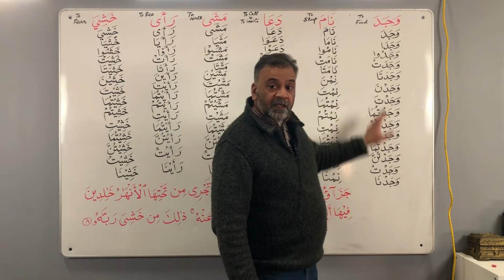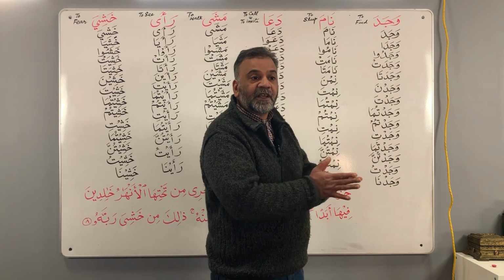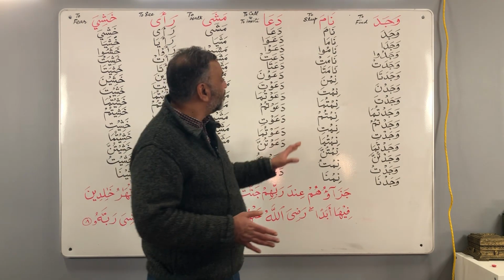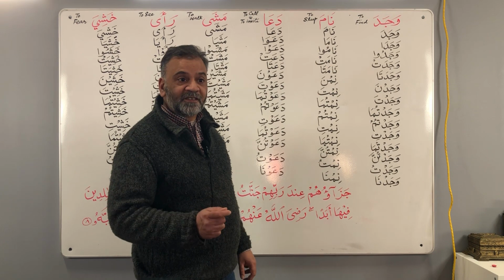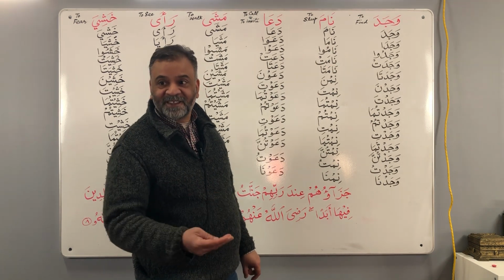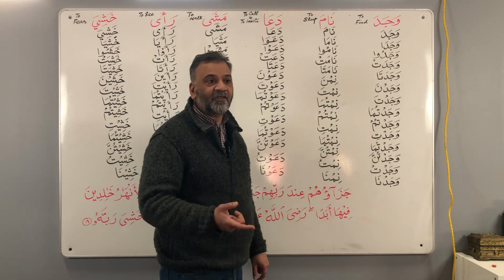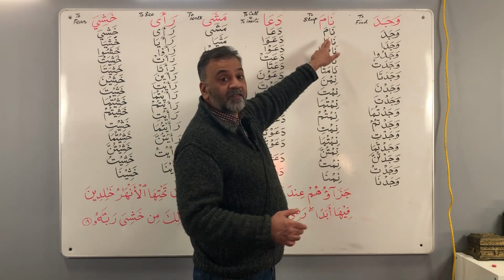Here in madi, the fa kalima, ain kalima, lam kalima remain intact. In ajwaf, the ain kalima with the weakness at some point will get dropped. Okay, just remember that. Nama, where is the fa'il?